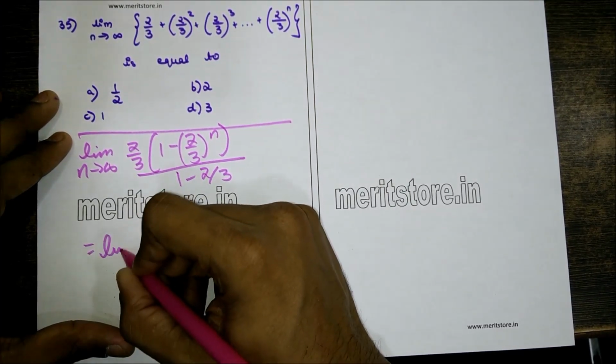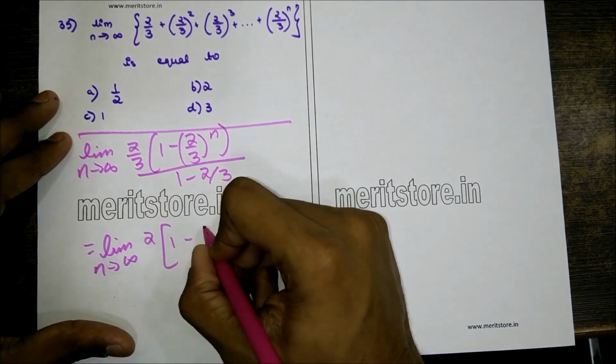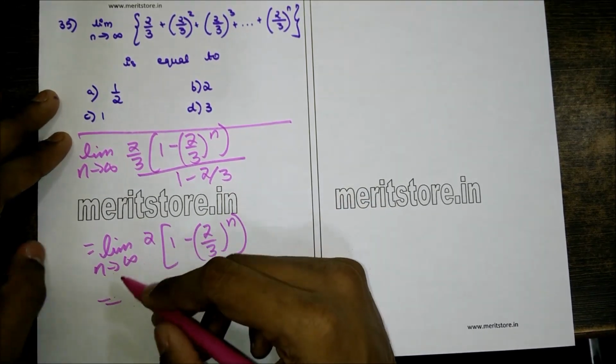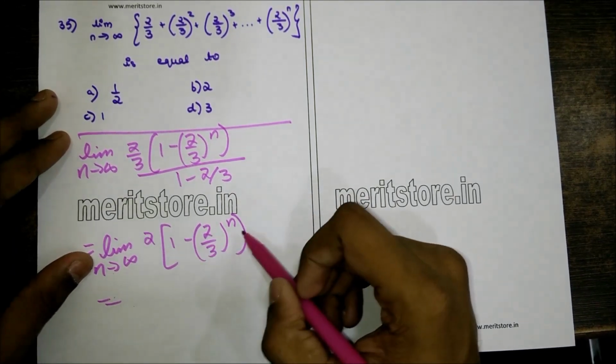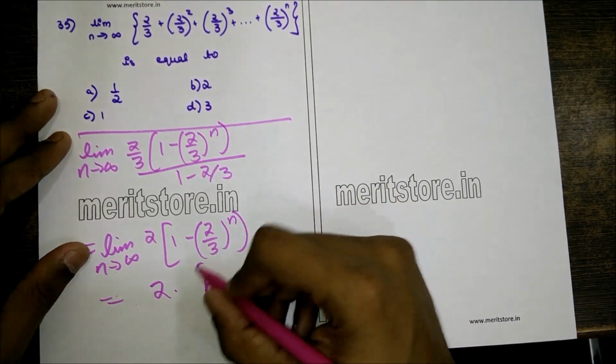That gives us limit of n tends to infinity 2 into 1 minus 2 by 3 raised to n. And now we can apply the limit of n tends to infinity, giving us 2, which is option B.